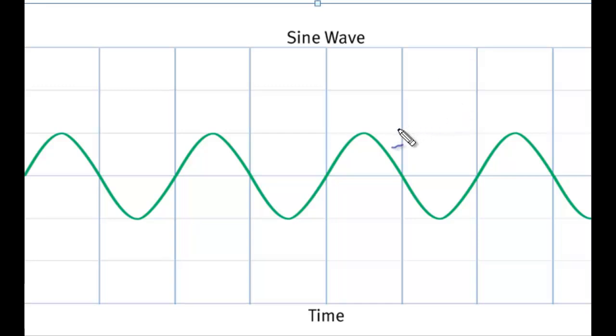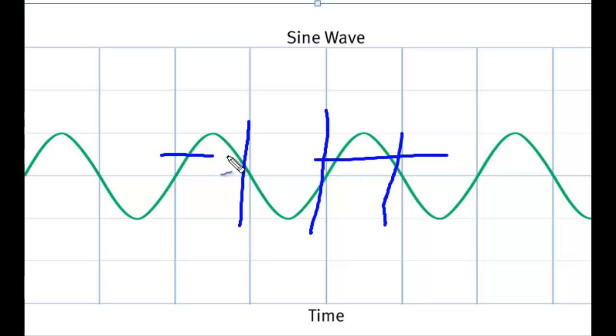And remember, if something is going to be a function, we can look at the vertical test, and if it only hits one mark on the vertical test, then it is a function. And we use the horizontal test to see if the inverse will be a function.